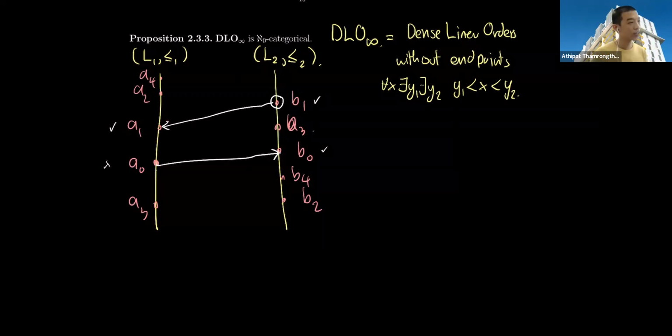Okay, now let's see what's next. If I keep doing it on the right-hand side, I'm gonna run out of points. I have no way to guarantee that I can run out of points on the left-hand side. So instead of looking from right to left, I'm gonna look from left to right this time.